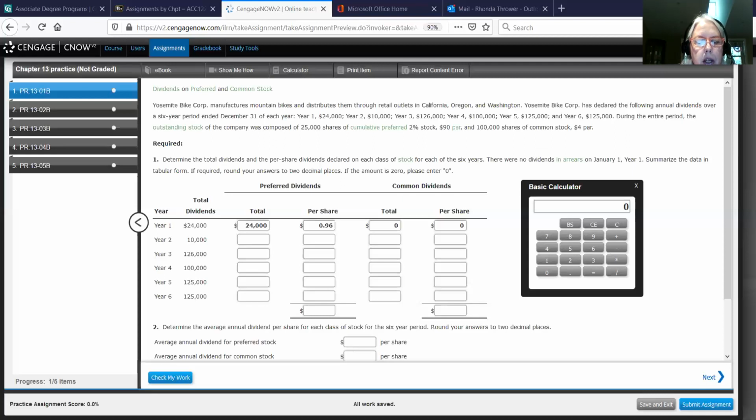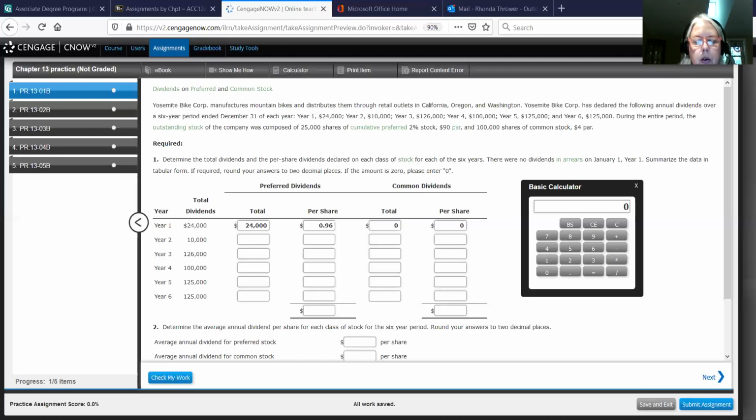This part of the spreadsheet is showing you how we computed the dividends per share for the preferred stockholders in year one. Again, we already have done this in Cengage, but the dividends paid to the preferred stockholders in year one is going to be divided by the number of preferred stock shares outstanding, and that's going to equal the dividends per share for the preferred stockholders.